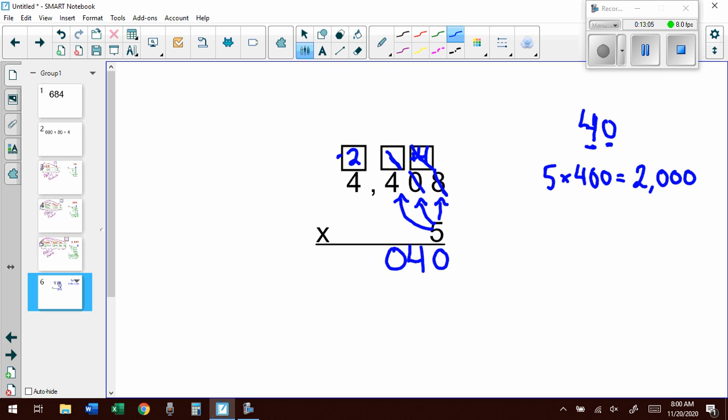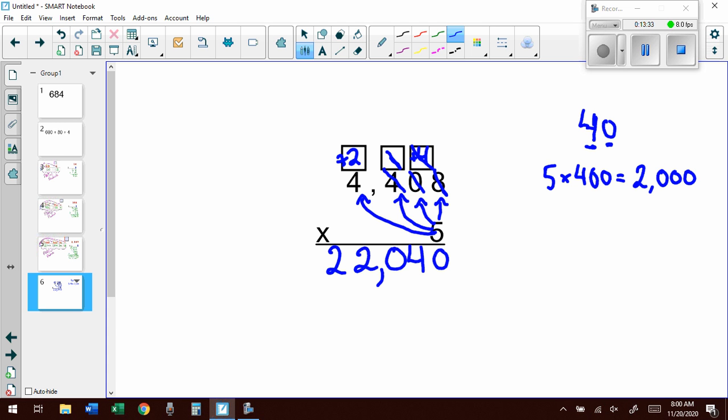This is an add only. Now again, go back. Oh, we're done with the hundreds place. Go back and start with your 5. Always starting with your 5. 5 times 4 is 20. Plus 2 is 22.